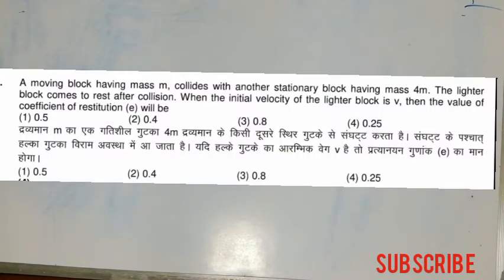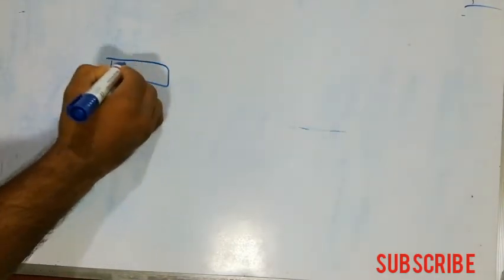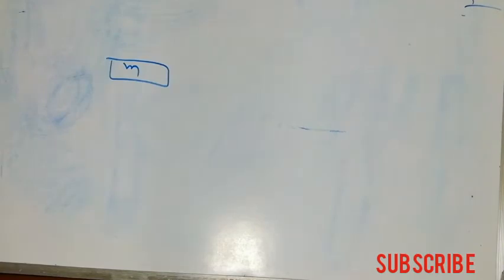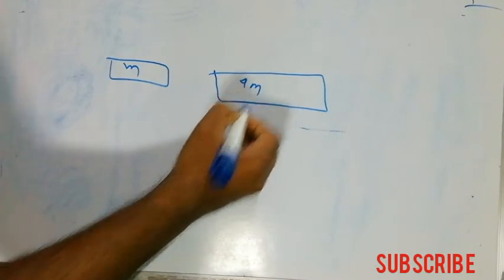Our next problem: a moving block of mass m collides with another stationary block of mass 4m. The lighter block comes to rest after the collision when the initial velocity of the lighter block is v. Find the value of the coefficient of restitution. So you have a block of mass m that will collide with another block of mass 4m.